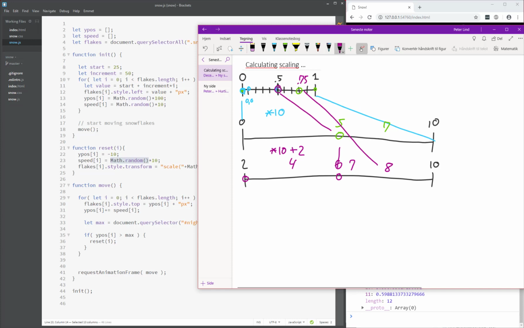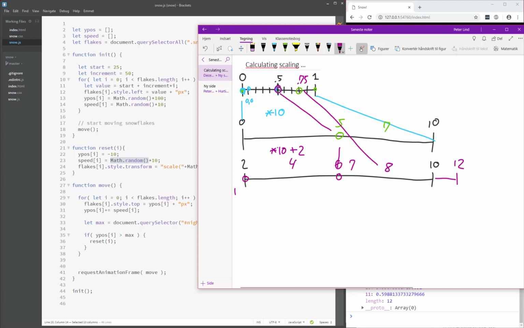That was not enough. And that's too much. And 1 multiplied by 10 is 10 plus 2. That would be 12. So that's way off. But I see what has happened here. Everything is just shifted by 2, which is a bit too much.